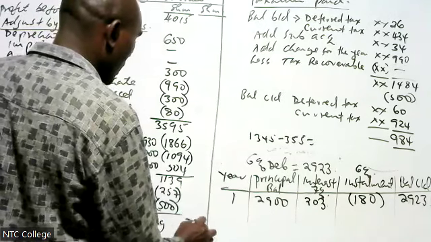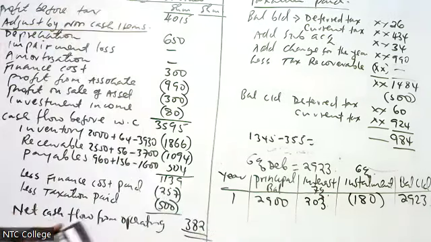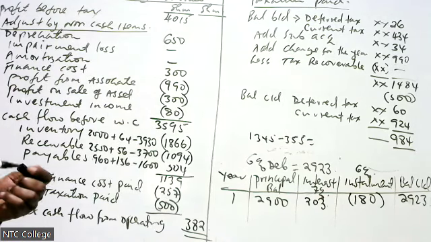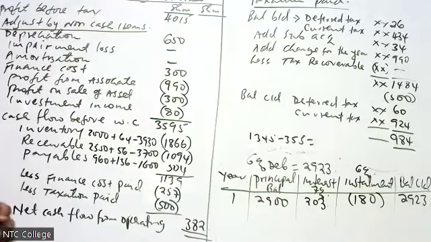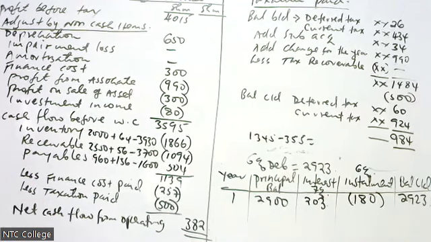Our A is 382. That is the end of our part 1, operating activities. Any question?